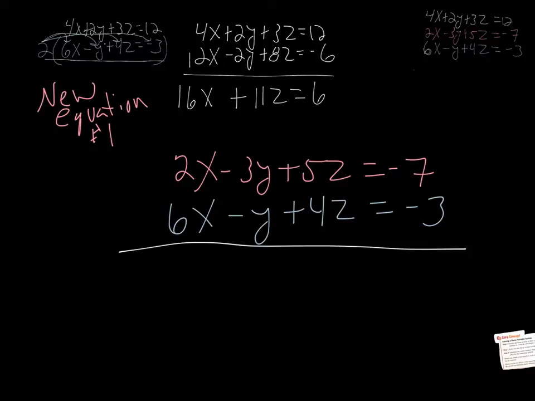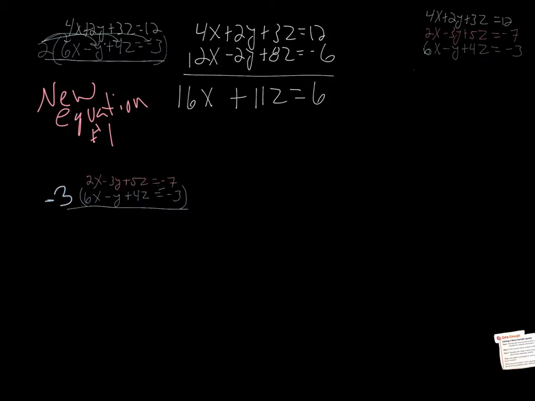So that means I'm going to have to do something to the bottom one. Now if you notice, if I multiply this one by 3, it won't cancel out. So I'm going to have to use a negative 3. So what I'll do is basically just rewrite my problem right next to it. So this would be 2x minus 3y plus 5z equals negative 7.